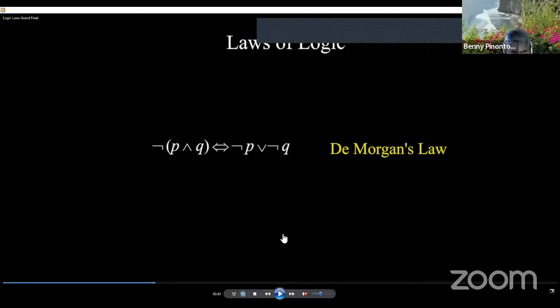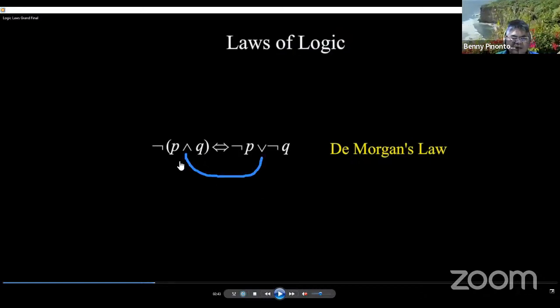You have to memorize this like this. The negation of that, which is in the bracket, you take away the bracket, but you put this one. So this is AND, that is OR. And there's another De Morgan law: if this is OR, then you put that AND.